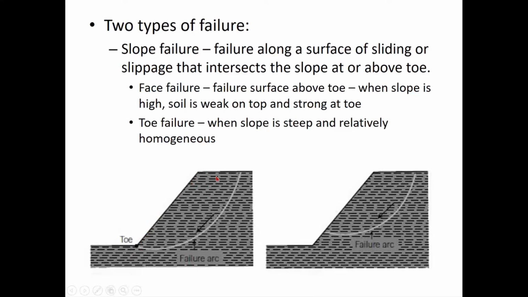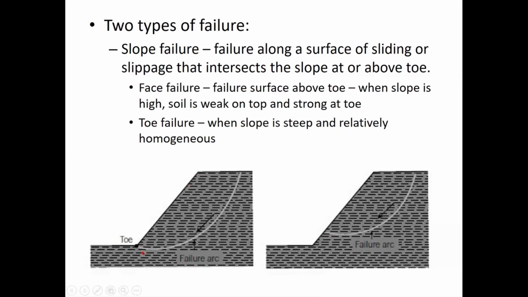So a failure along a surface or sliding or slippage that intersects the slope at or above the toe. This is the toe of the slope, this is the top of the slope, and this is the base of the slope. Okay, so if your failure is along a surface of sliding or slippage that intersects the slope at or above the toe, that means your failure surface intersects the slope at or above the toe.